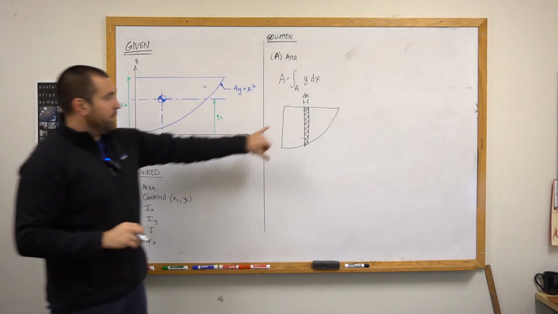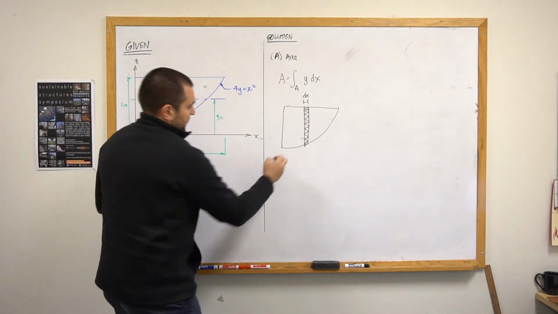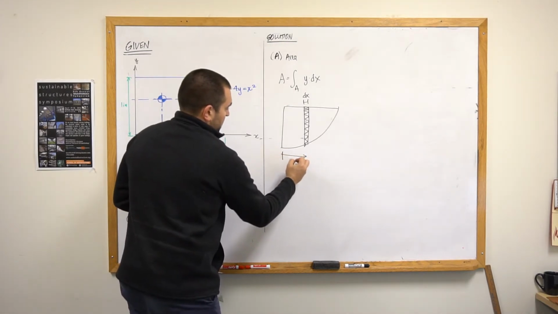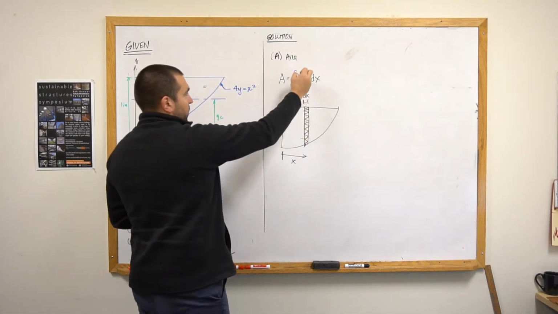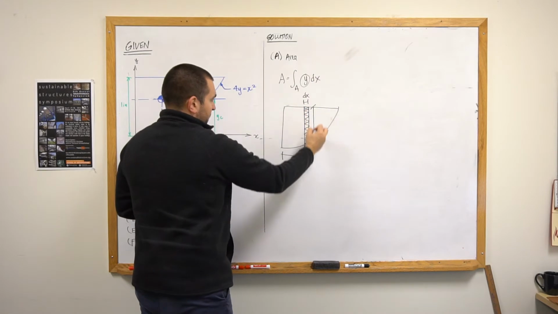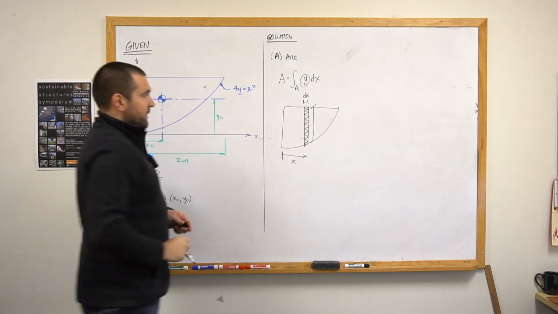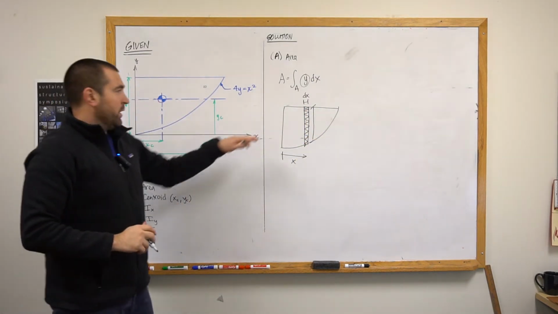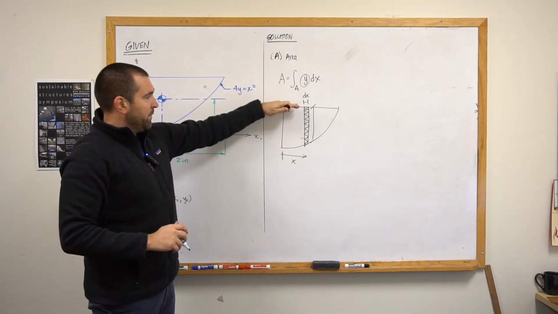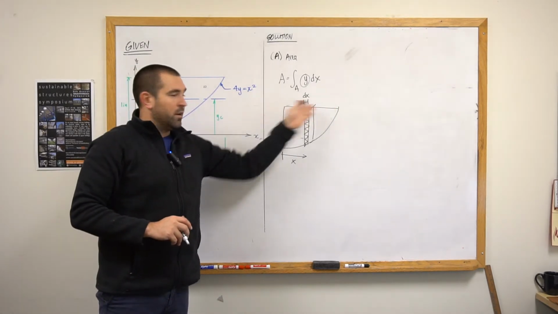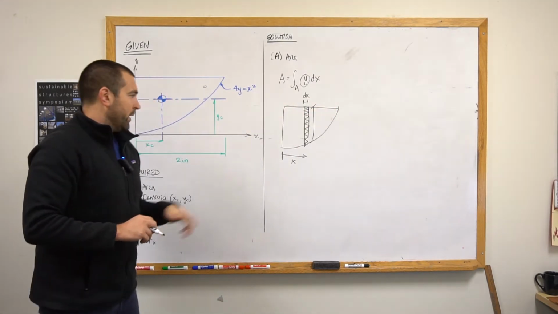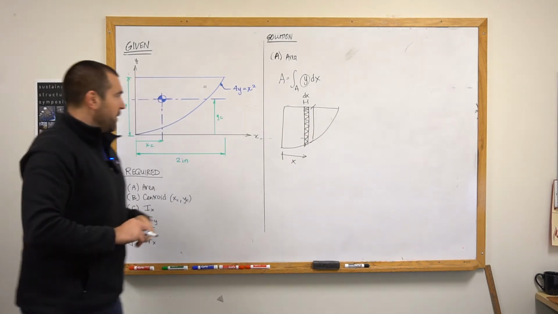Now we need to define the height, this y value, as a function of x. We can pretty quickly define the height by figuring out what is the function of the top of this parabolic area and what is the function of the bottom.